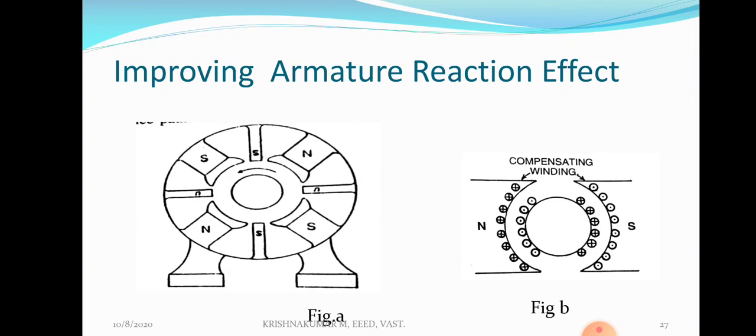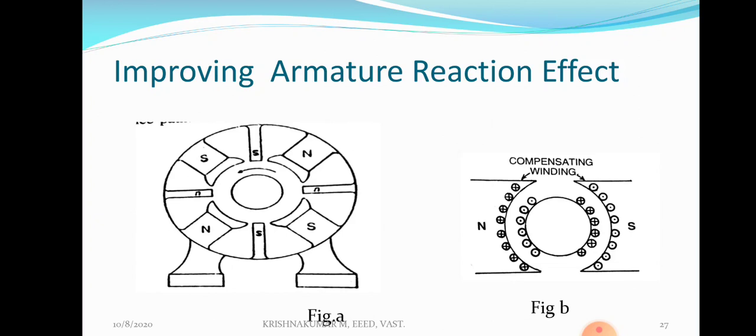The polarity of the interpole is the same as that of the main pole ahead in the direction of rotation.